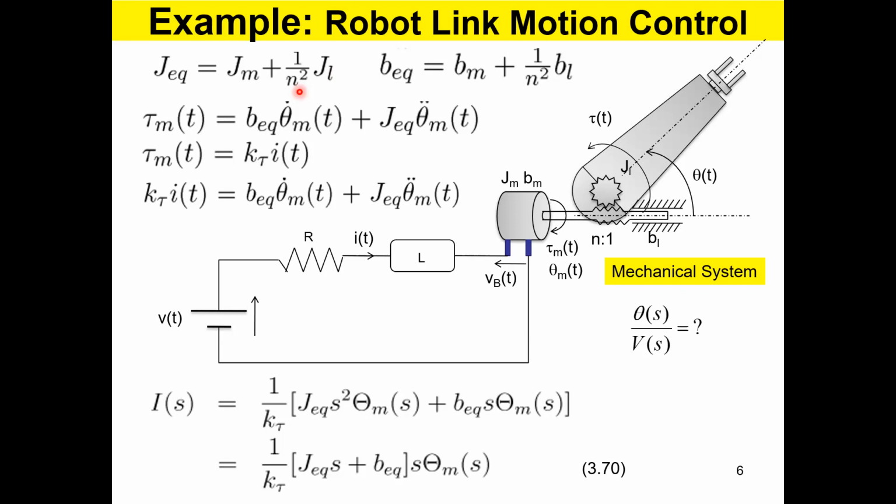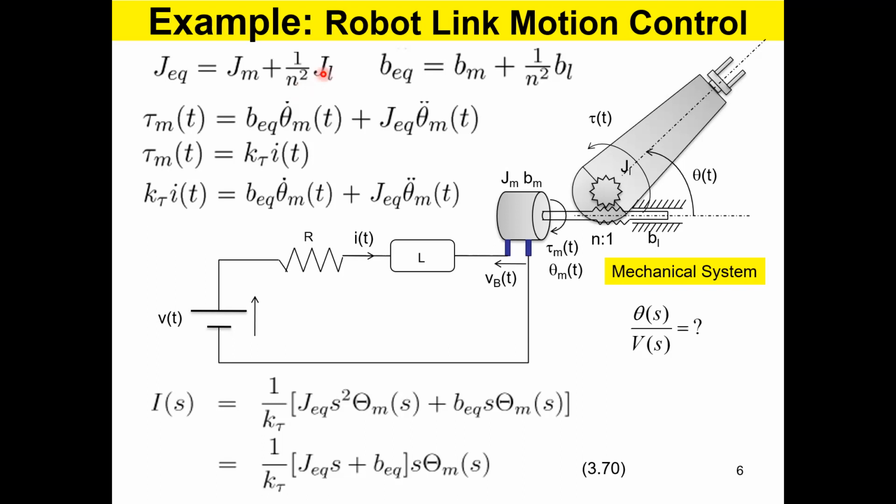Similarly, if you look at the friction, there is some friction on the load side. When it transfers to the motor side, which means when you see it from the motor, not only the inertia but also the friction of the motor, because it has bearings, etc. When you try to turn, there is friction. And now you have more friction because there's a load, so that load is also visible from the motor side.